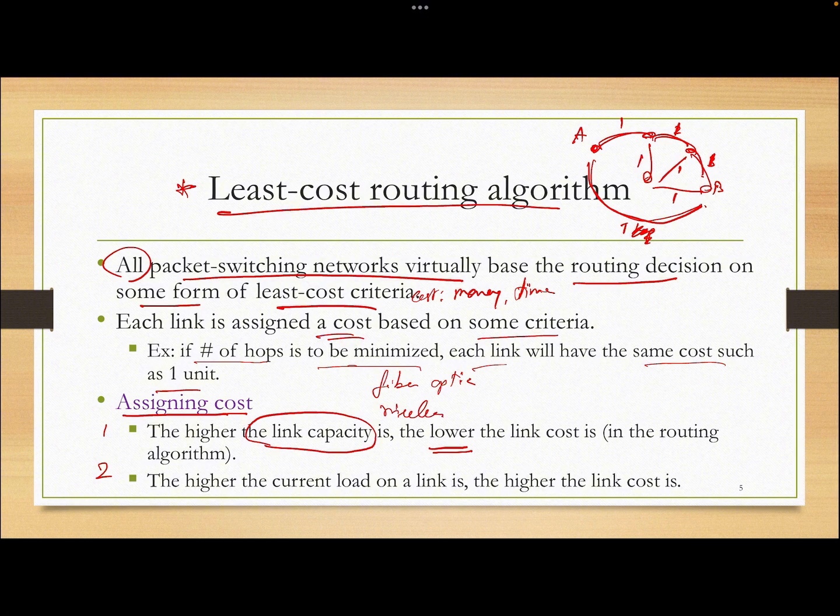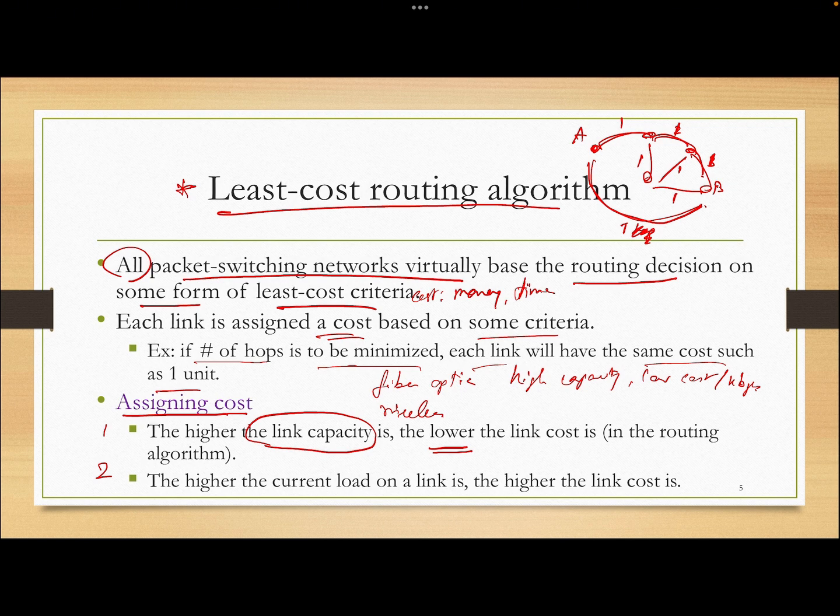Fiber optics has much higher capacity, so low cost per, let's say, kilobit per second, which means that for the same data rate you pay less, because many people share the same fiber optic.